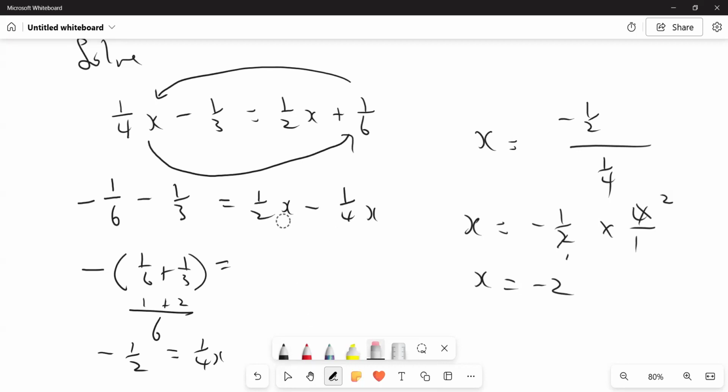So you can factorize out, put a half minus a quarter and put the x outside. And then you find your LCM being 4, and this will turn out to be a quarter x. That's how we get that. Y'all don't know a half minus a quarter is a quarter? Okay.